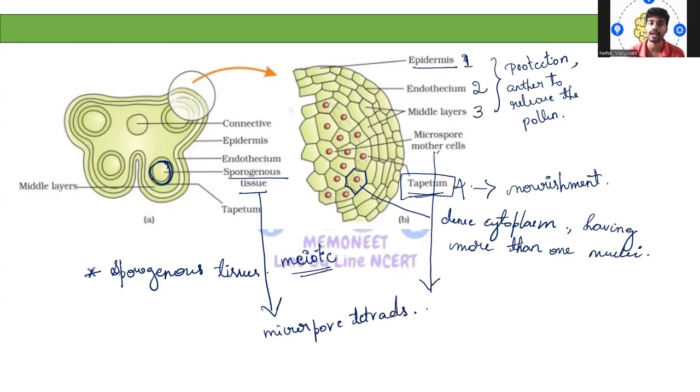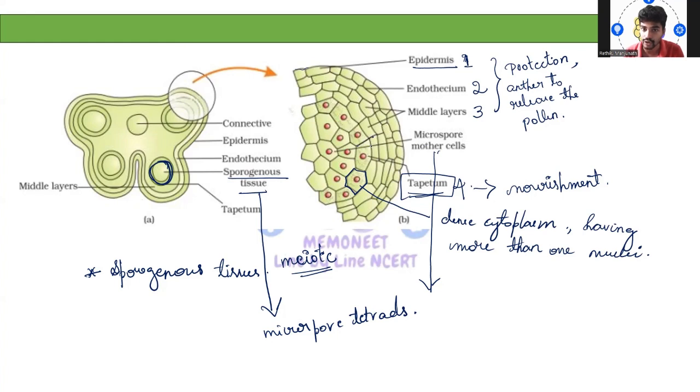So as a result to form what? Microspore tetrads. This is again one thing. Each cell in those tissues is capable of giving rise to a microspore tetrad.